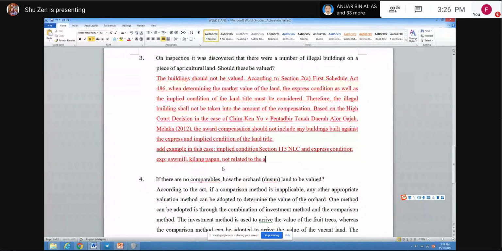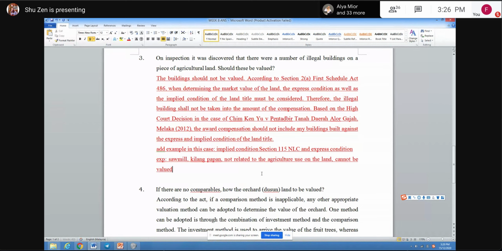If you are referring to the dwelling, like just now you mentioned about the dwelling, if you try to give the example of the eagle building is a Skilam Papan, for example, then you say that cannot, because it's not related to agriculture activities. Am I right?